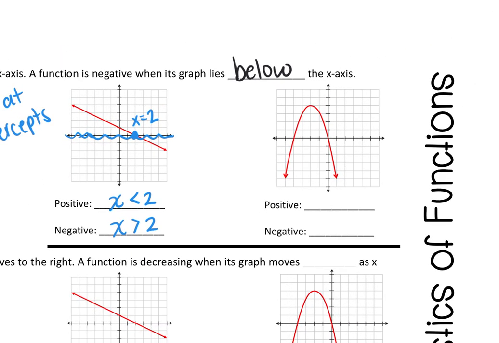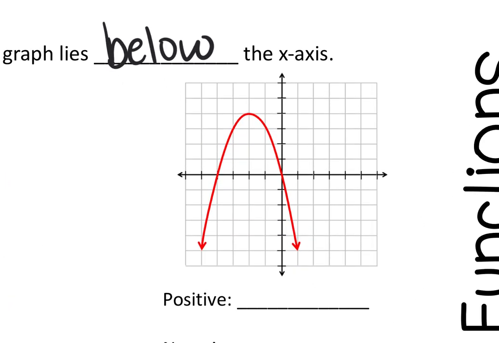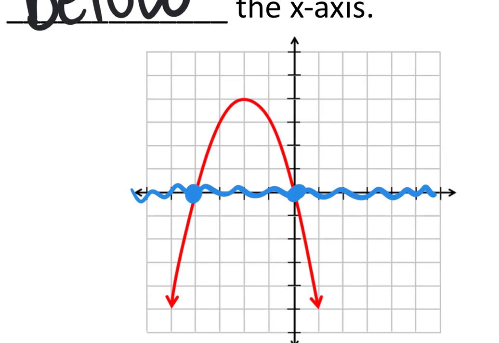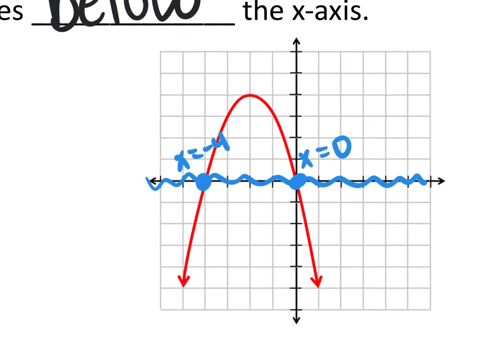Let's look at this quadratic. So now what you'll notice, if we look at this x-axis, we have 2 x-intercepts. We have this x-intercept at x equals -4. And then another one right here where x is equal to 0.